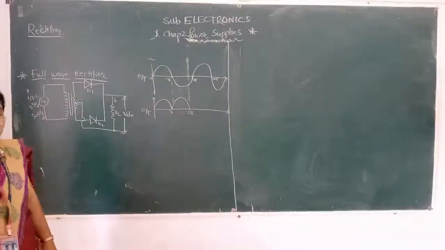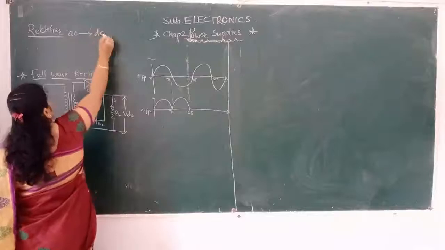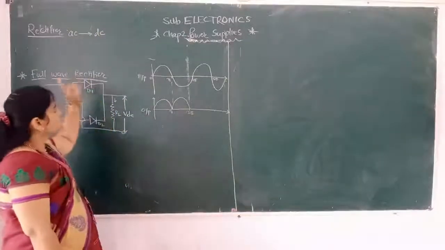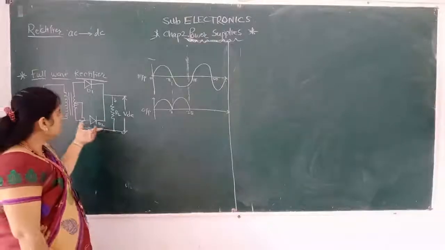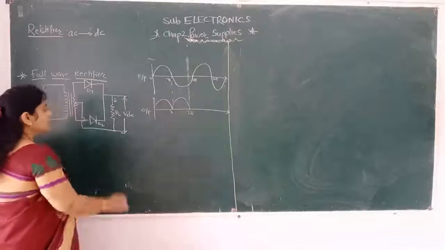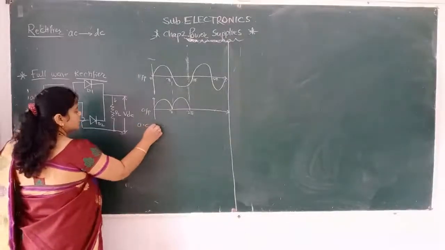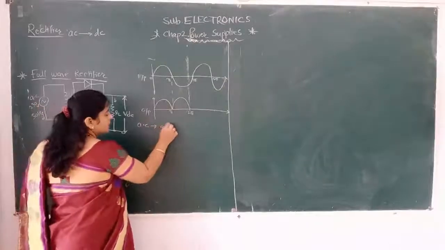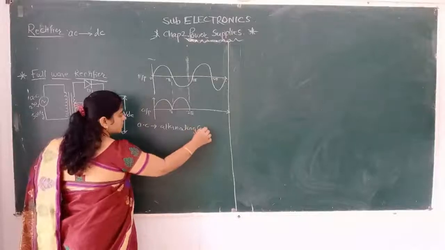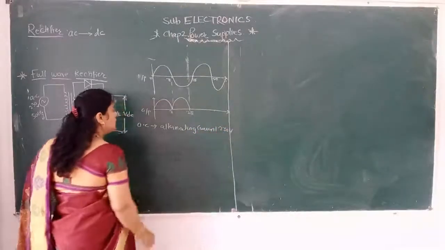A rectifier is when alternating current is converted into direct current, or AC is converted into DC. In the full wave rectifier, two diodes are used. First is AC, that is alternating current, which is 230 volt.